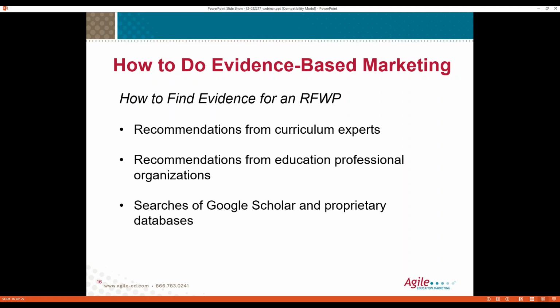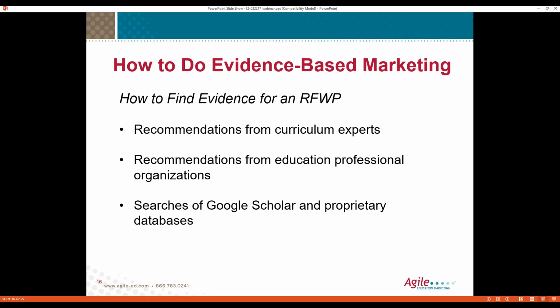Those are two sources. The next would be recommendations from professional education organizations. We mentioned that when I talked about the handbooks before, but things like NCTM, the National Council of Teachers of Mathematics, and ILA, the International Literacy Association, which was the IRA. They all publish books, journals, and position papers. Those are all good things to look at.